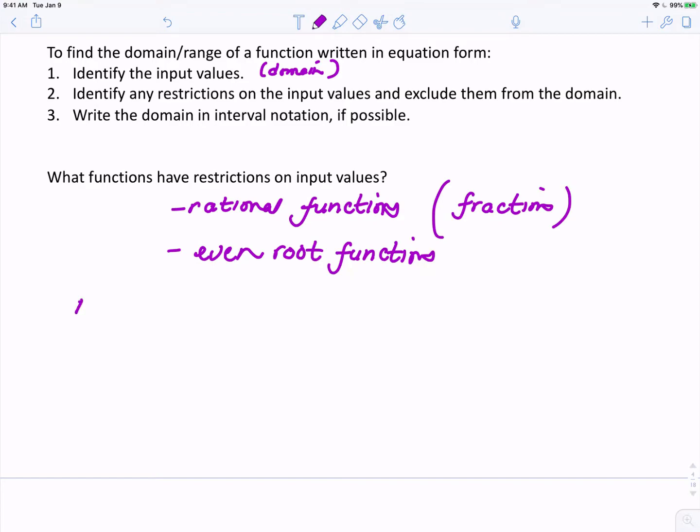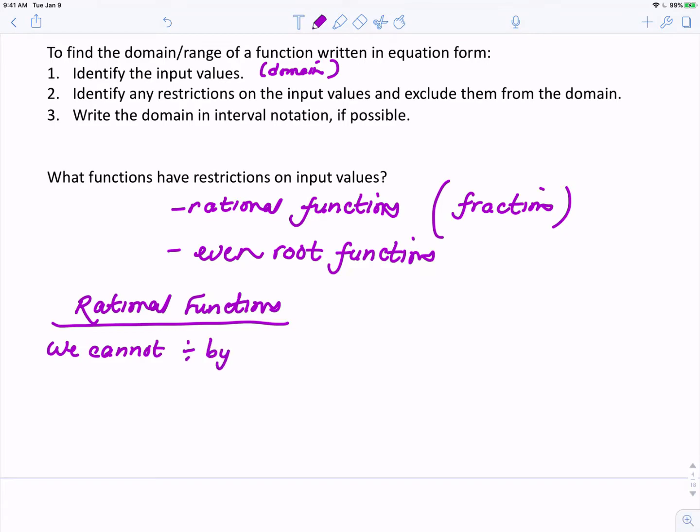So for rational functions, what are the restrictions? Remember that we cannot divide by 0. And so when you have a rational function, the denominator, which is what you're dividing by, cannot equal 0.